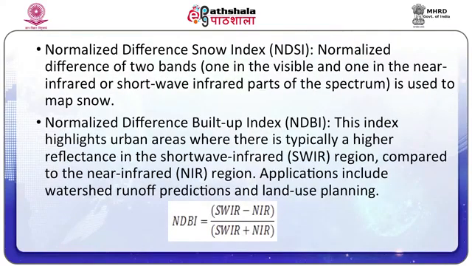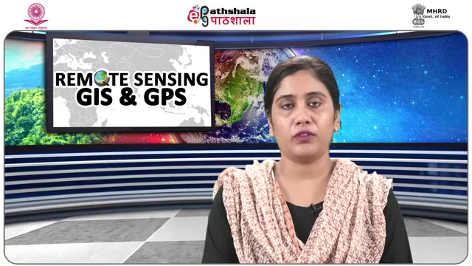Normalized difference snow index, which is also called NDSI. Normalized difference of two bands, one in the visible and one in the near infrared or short wave infrared part of the spectrum. It is used to map snow. Value of NDSI greater than 0.4 indicate the presence of snow.